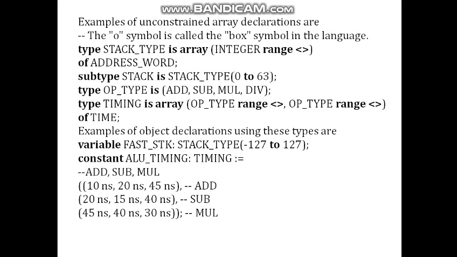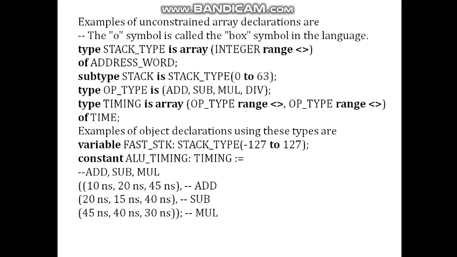Likewise, stack_type is defined to be an unconstrained array type that specifies the index of the array as an integer type and the element type as address_word. The stack is a subtype of the base type stack_type with the specified index constraint. The variable declaration for fast_stack is defined to be of stack type and also specifies an index constraint. The constant ALU_timing specifies the timing for a two-operator ALU, where the operators could be add, sub or multiply.